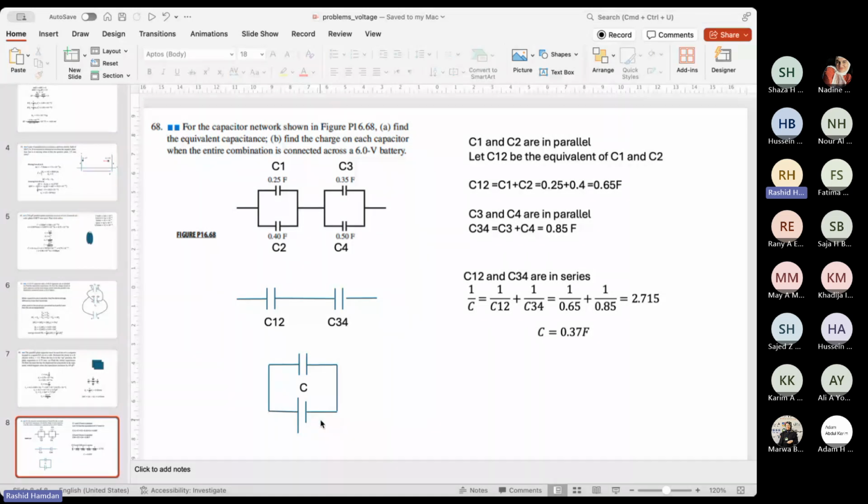So the battery, when they say 6 volt, that's the EMF of the battery. So we want to find the charge on each of the capacitors.